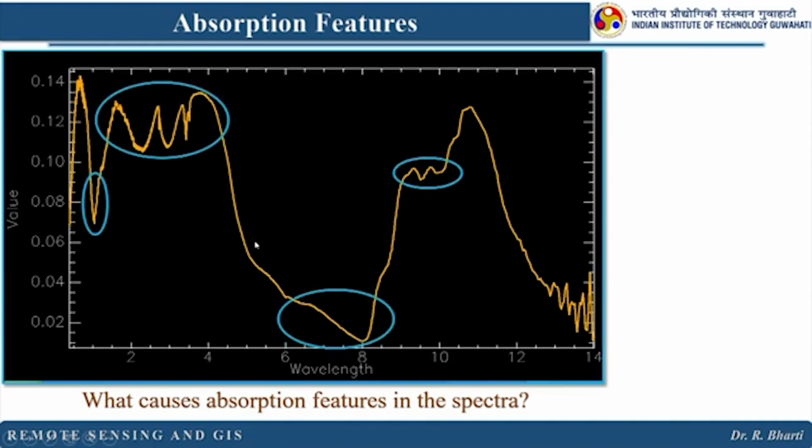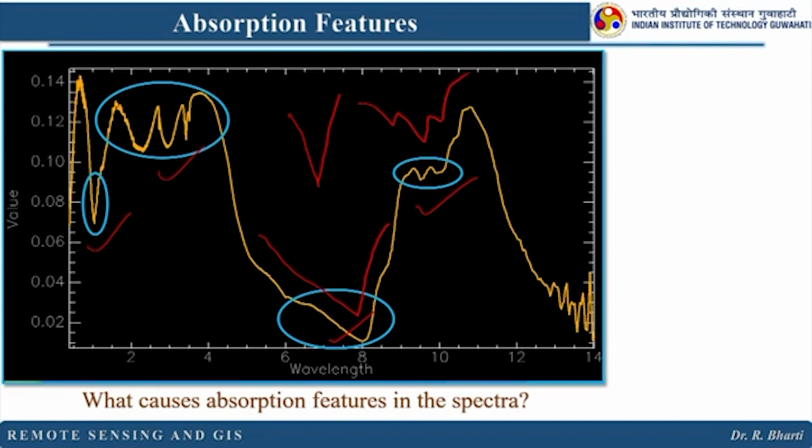Because of that, we get all this spectral information, and these are your absorption bands. Here the shape, size and position are very important. Shape and size mean whether this is a broad absorption feature or a very narrow one, right, and whether they have any doublet kind of spectral feature, right.